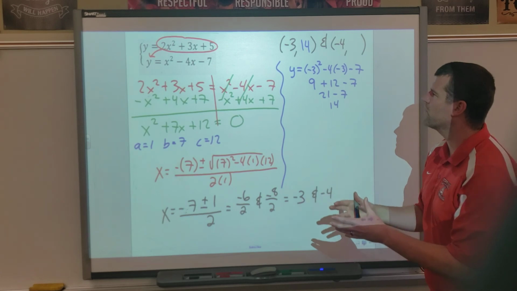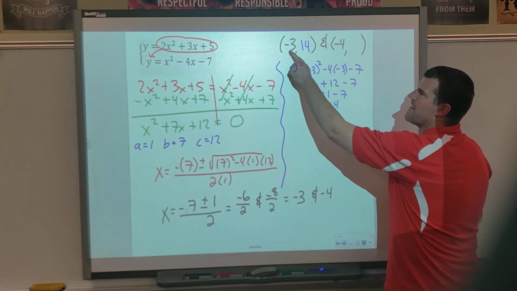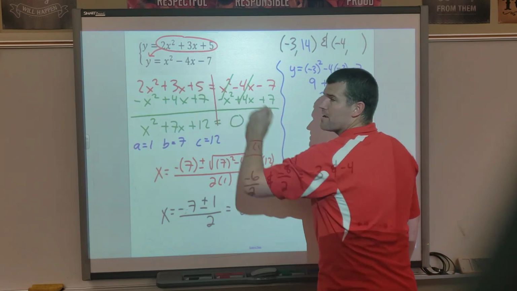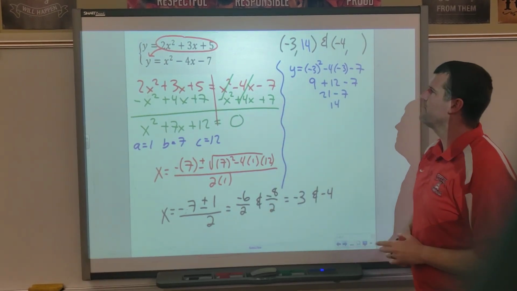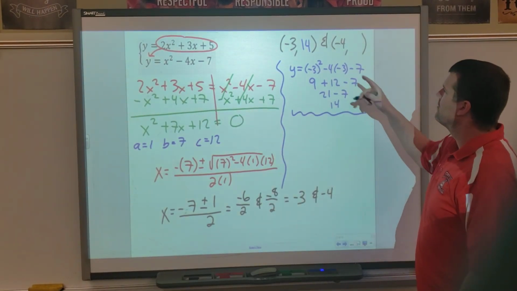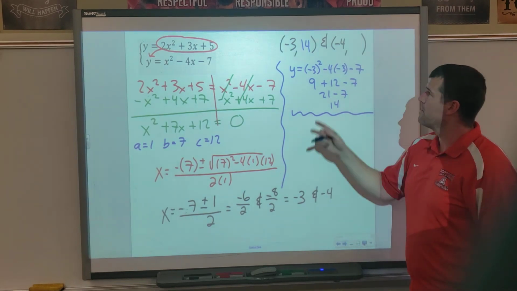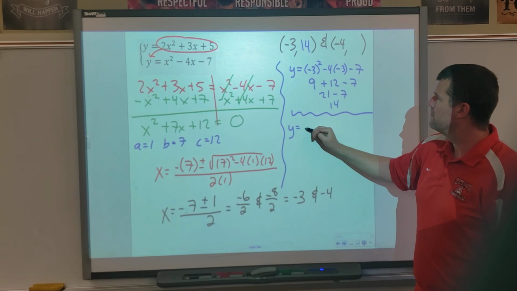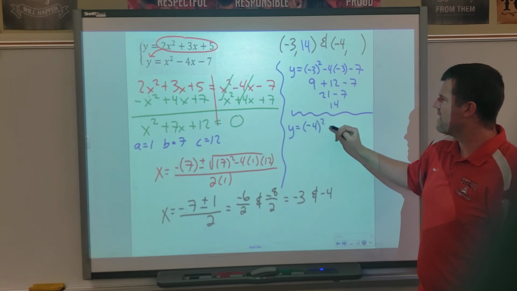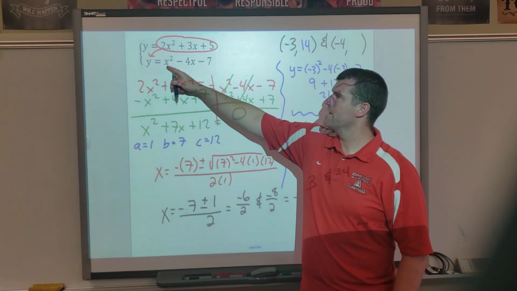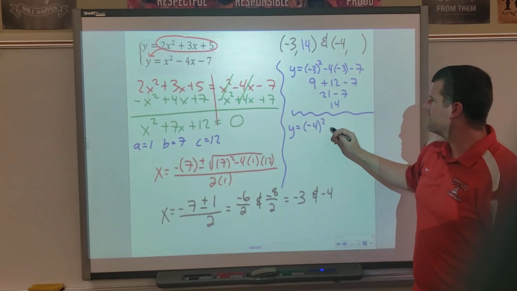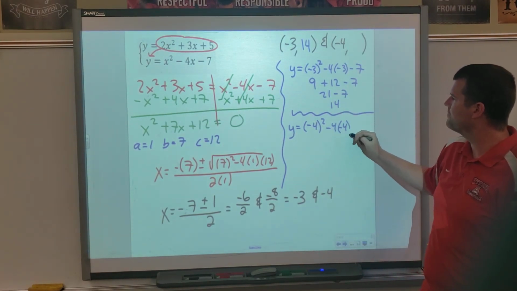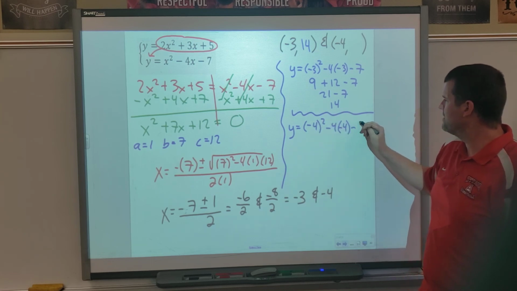Again, if I'm going too quick right here, we're just taking the x value and plugging it in for the two x's in one of the equations and then simplifying. For my second one, I'm going to do the same thing, but I'm going to plug in -4 instead of -3. So -4 squared, minus 4 times -4, and then minus 7.